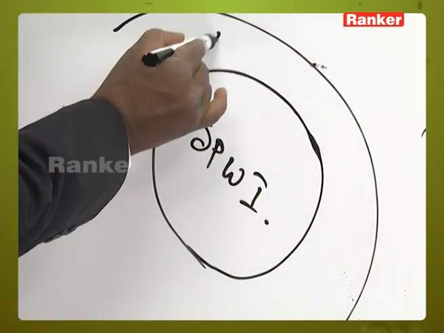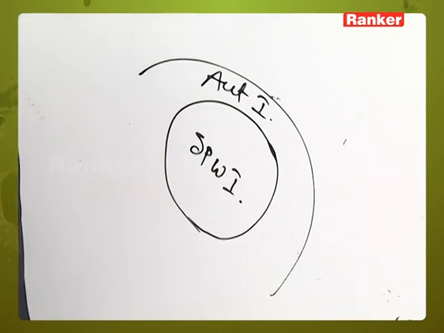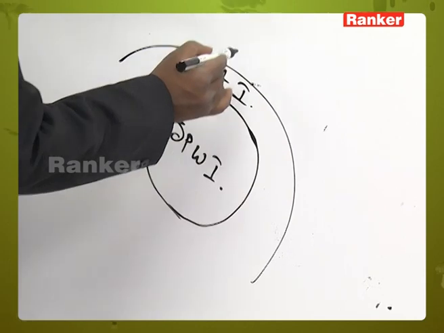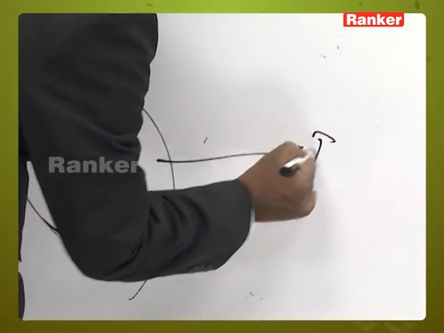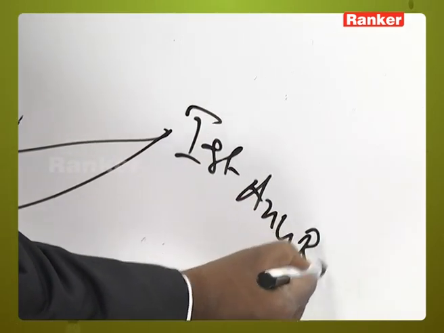Outer to it, autumn wood of the first year is present. Spring wood and autumn wood of the first year together form the first annual ring.